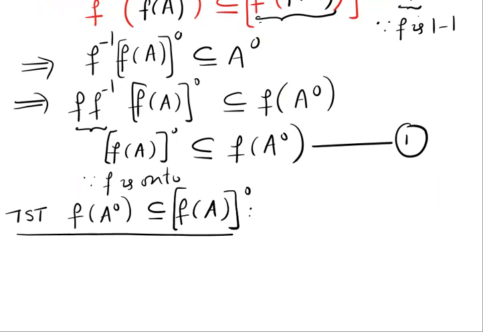Correct? Yes. Now that is also very, very simple. What is the relationship between the interior and the set? We know that A interior is contained in A, and next step, take the images.